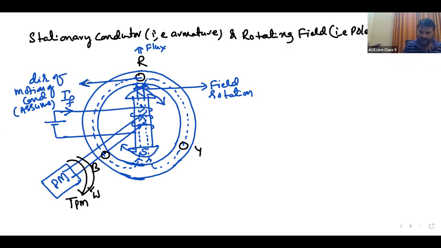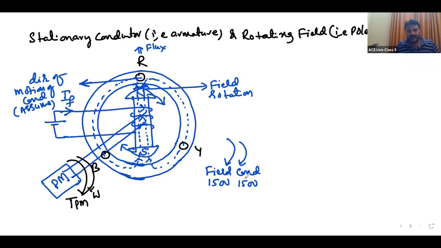Why? Because if the field is rotating in the clockwise direction and the conductor also rotates clockwise, what will happen? What is the relative motion? If the field is rotating at 1500 RPM and the conductor also at 1500 RPM, the relative speed is 0.